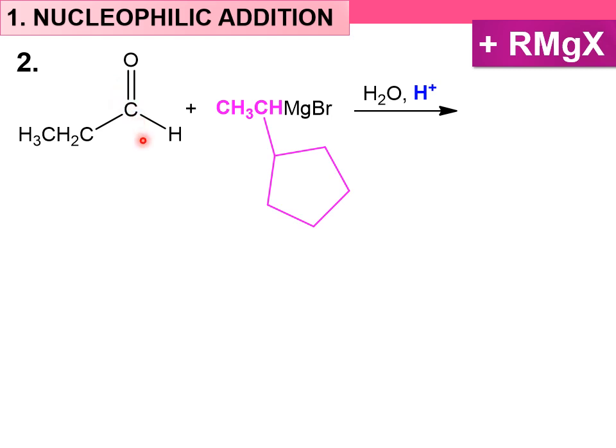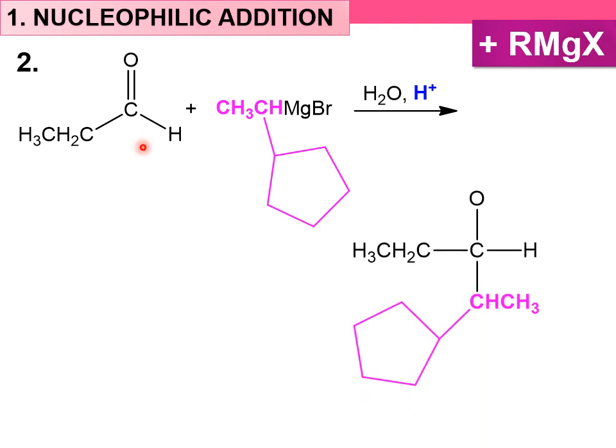So, what we are going to produce here is a secondary alcohol, whereby, as you can see here, the carbon that is attached to the magnesium bromide is basically attached to the originally carbonyl carbon. So, the cyclopentyl also is attached to that carbon, as you can see here.